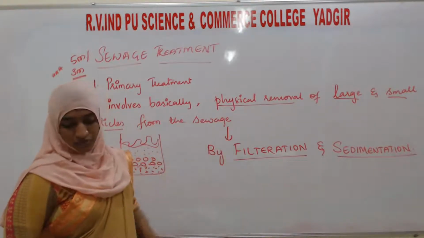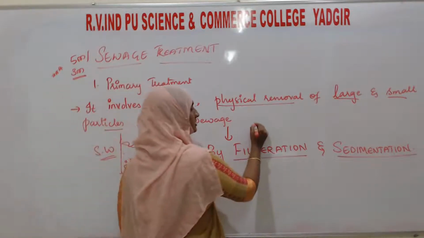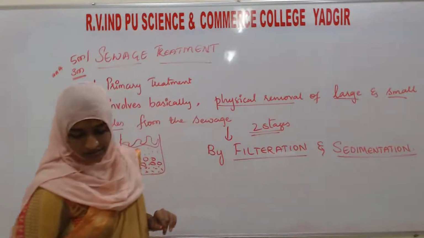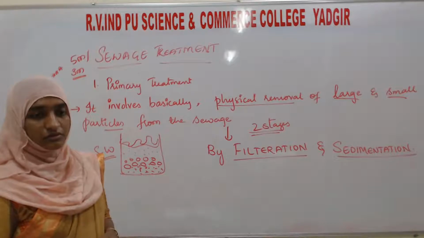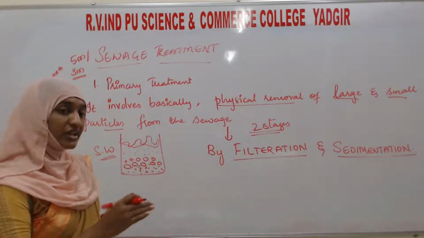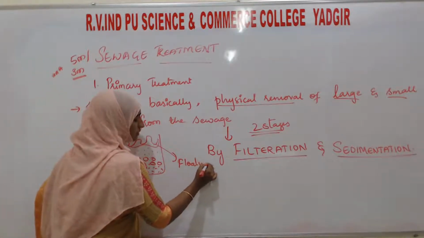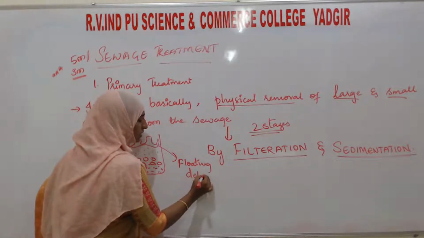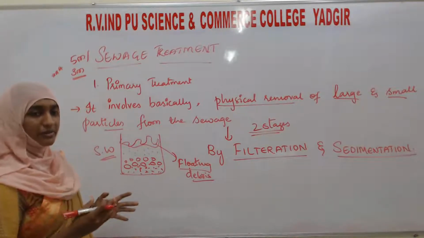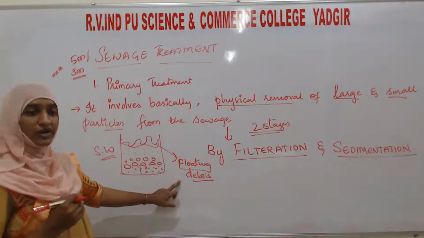So there are two stages in the primary treatment, the filtration and sedimentation. In the first stage, whatever floating debris, the dirt I have told you, the polythene bags, plastic bottles, which are floating on the surface of water, that we call the floating debris.